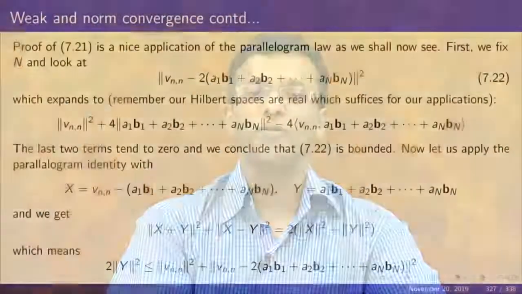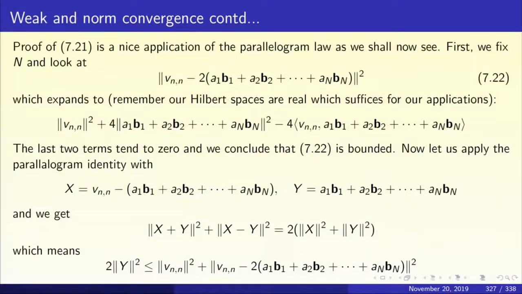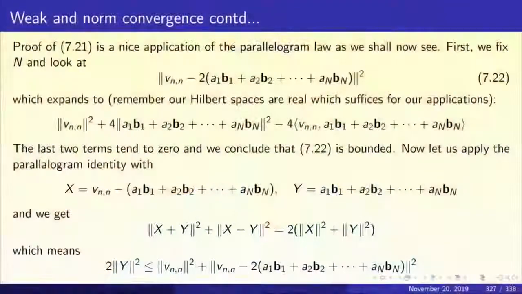And the other term, 4 times norm of a1 b1 plus a2 b2 plus etc. plus aN bN squared, is also the same as mod a1 squared plus mod a2 squared plus etc. plus mod aN squared. So these two things cancel out. In other words, what we are left with is that 7.22 as n goes to infinity is simply bounded by the common upper bound for norm Vn squared.